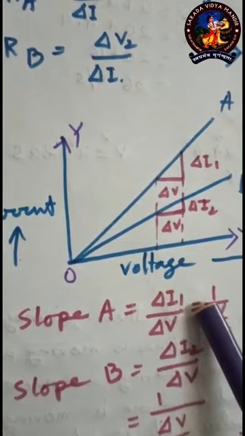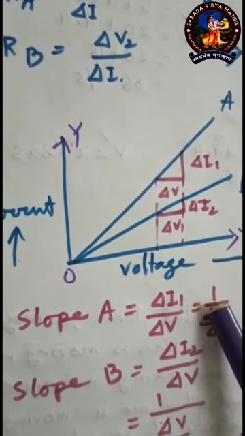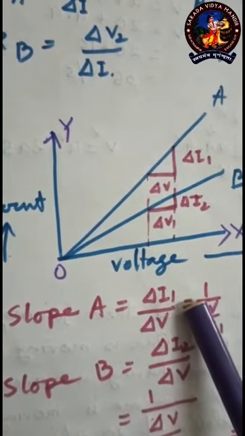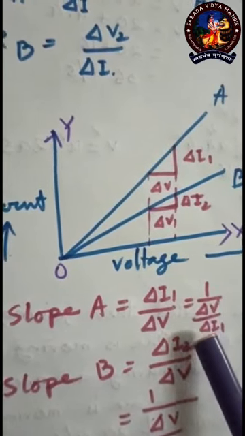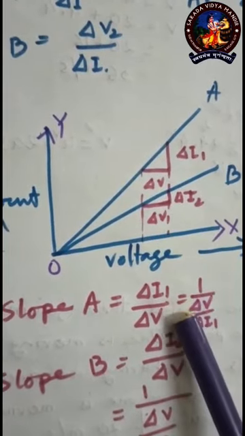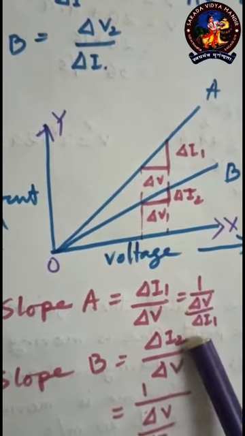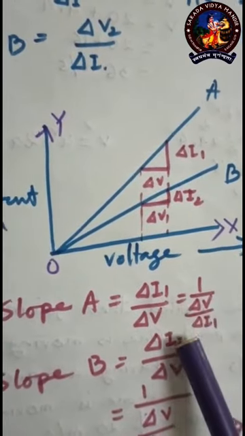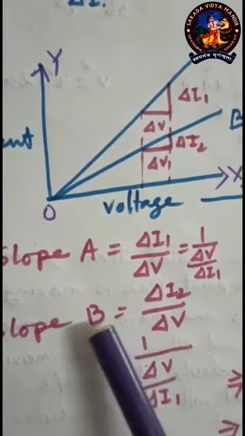That means I can write it this way: del I1 by del V equals nothing but 1 by del V by del I1. And this del V by del I1, what is it? It is R1 or RA. Got it? Because that is V by I. Now what comes for slope B?